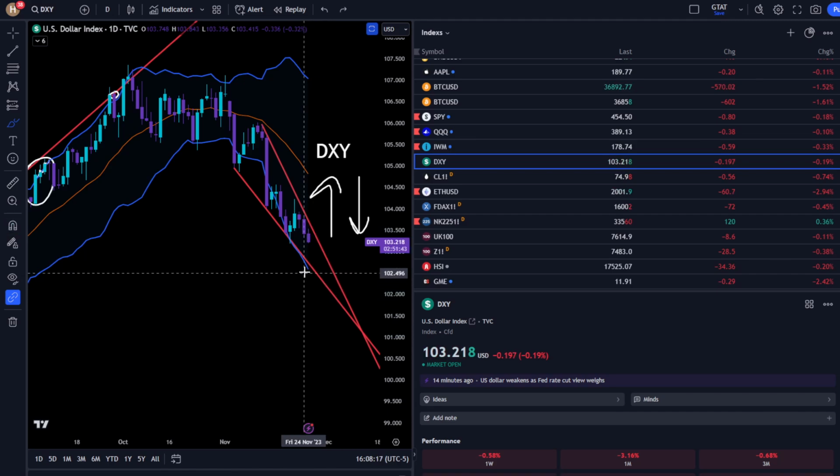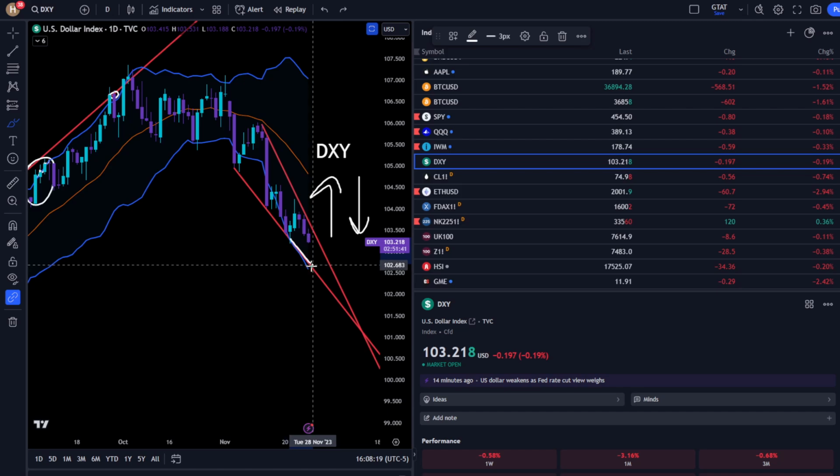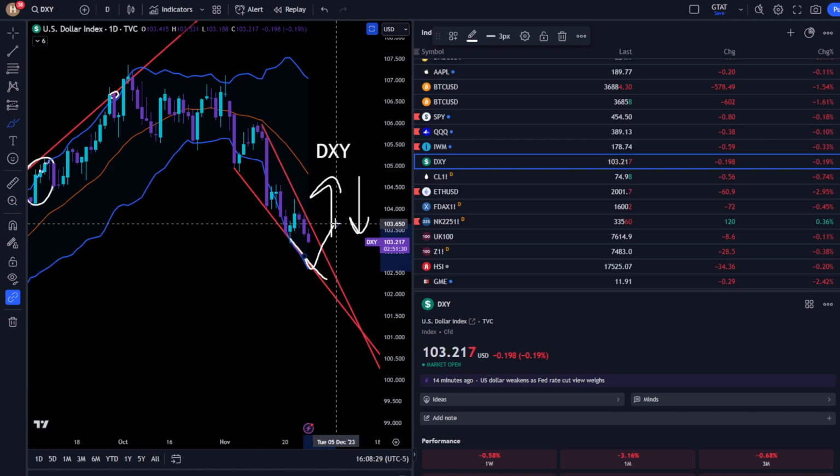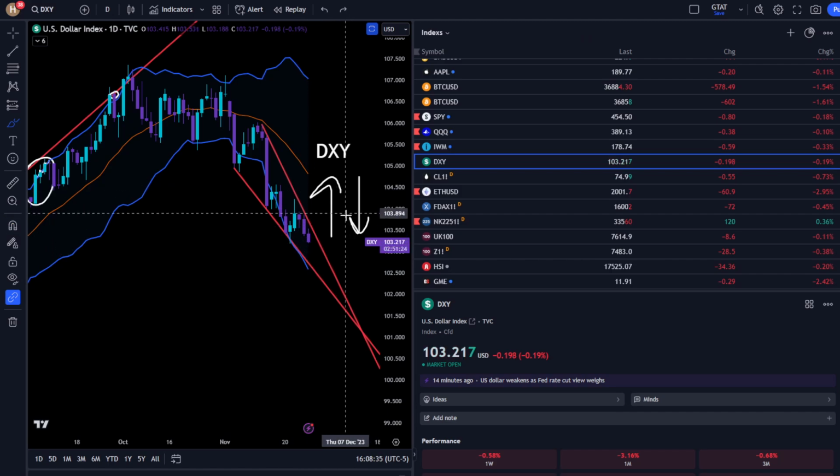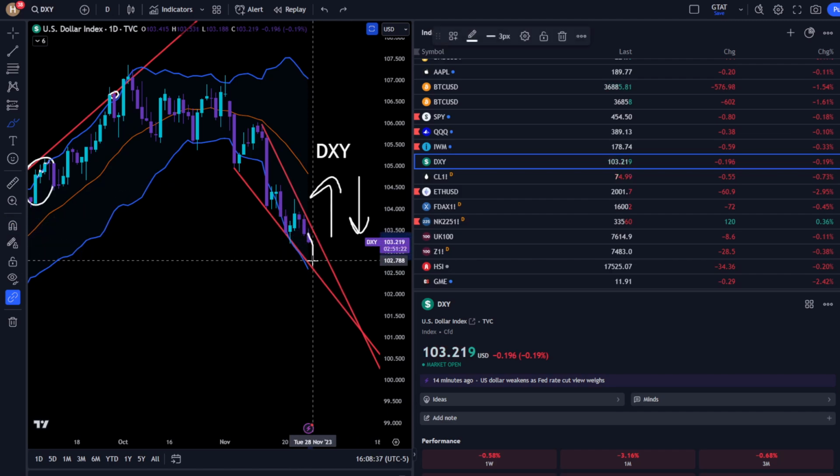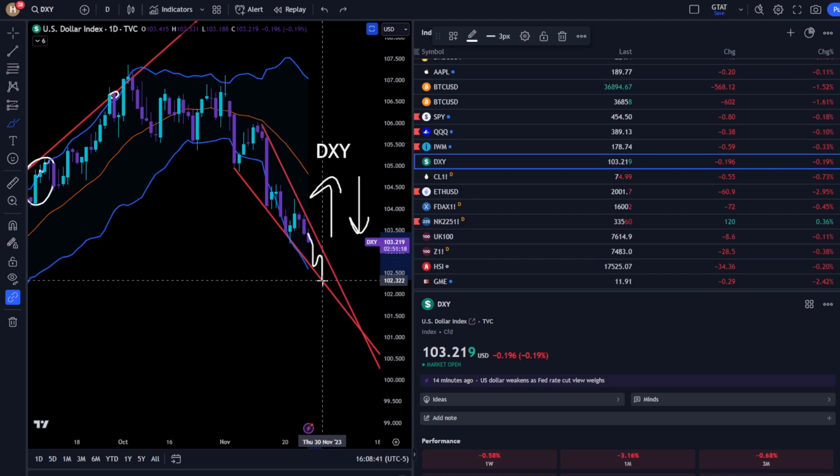So what I'm expecting is we could get a retest to this downtrend level of the dollar that we've been creating. From here, wherever we touch it, we should bounce off. And how far we bounce off is going to be interesting because we could always just touch it, bounce a bit, and then make another low.